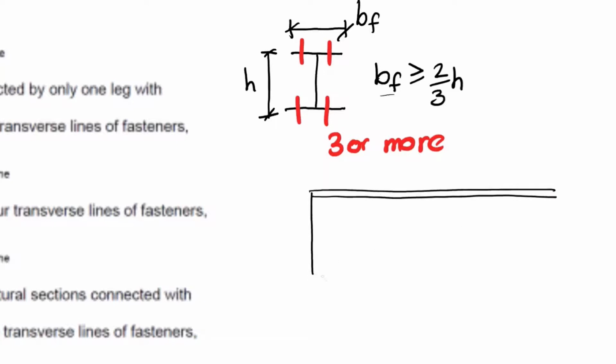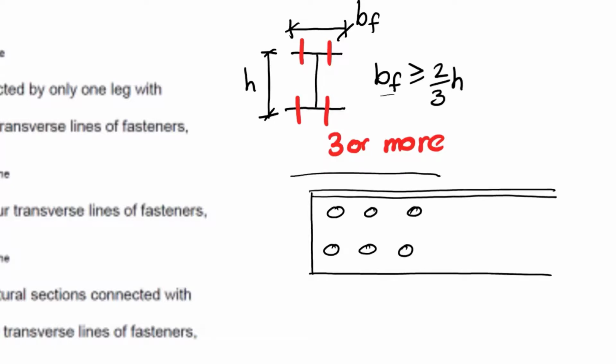So for instance, here you have an angle, and it has, let's say, 1, 2, 3 bolts there, and then it's got 2 lines. Now just start thinking about, is this 2 lines of transverse bolts or 3 lines?